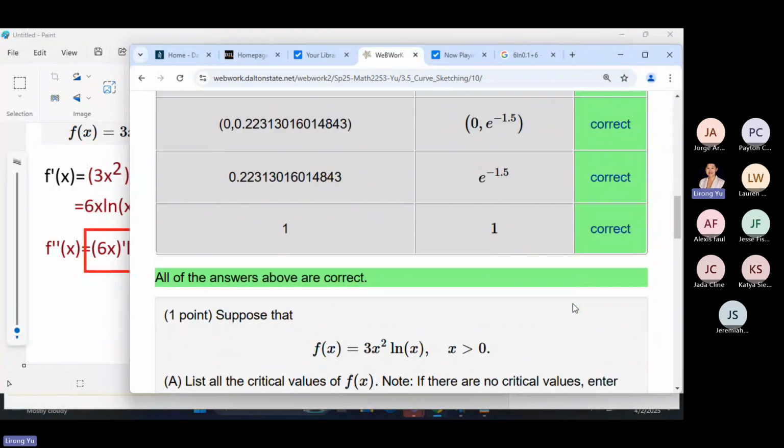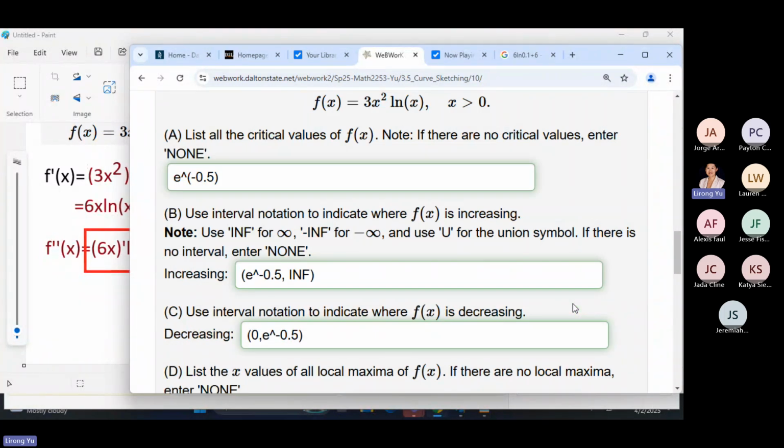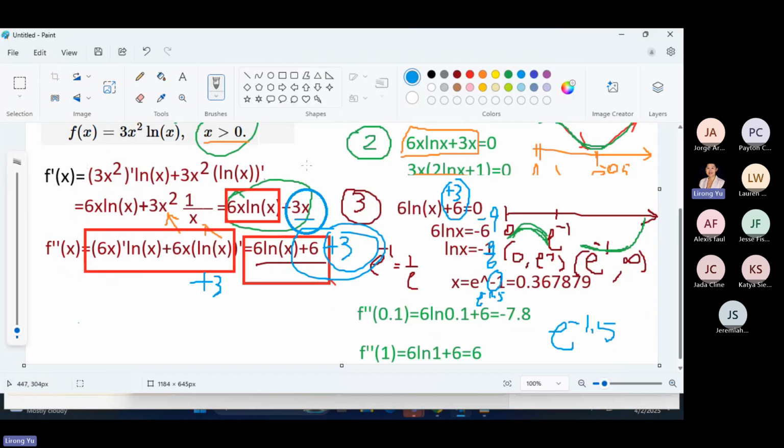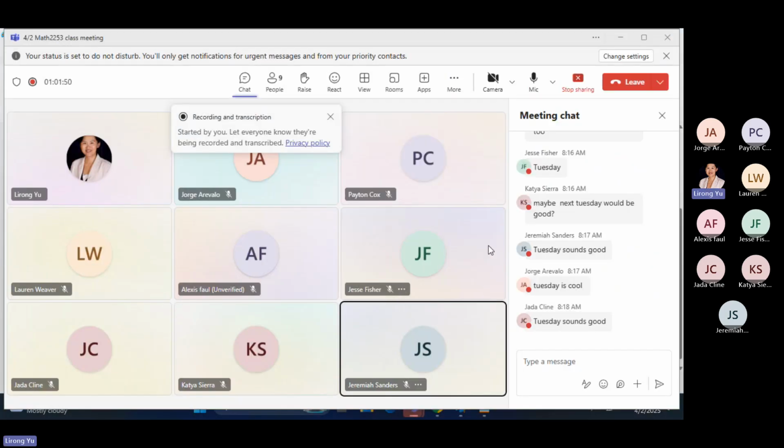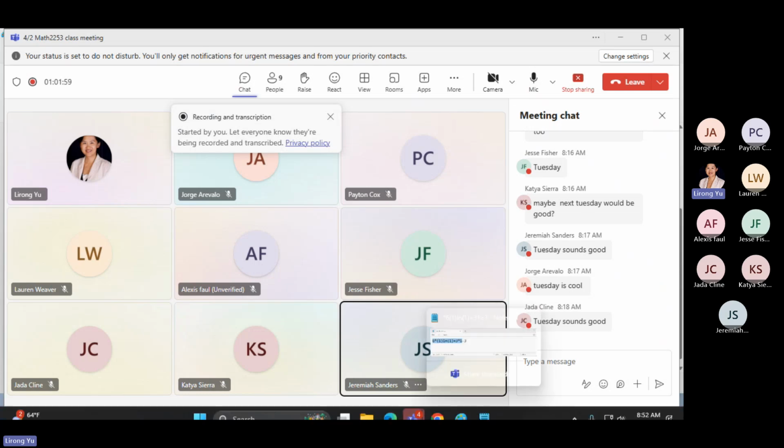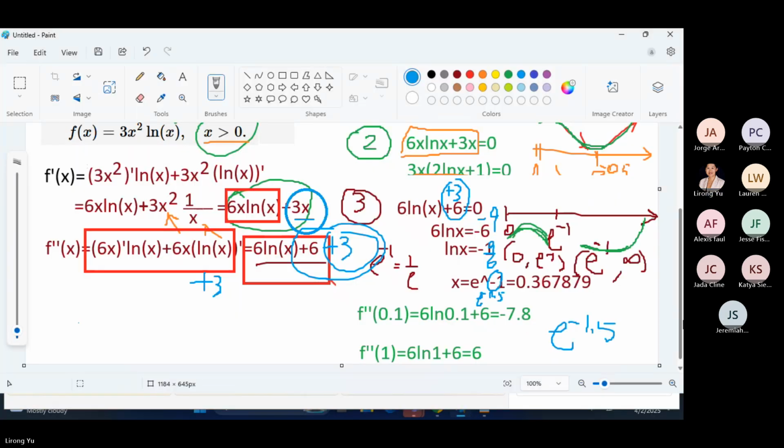That's question 10. Any questions? I wonder if you noticed that when I was calculating the second derivative. Was it different on your version? It was 2 parts in the first derivative.